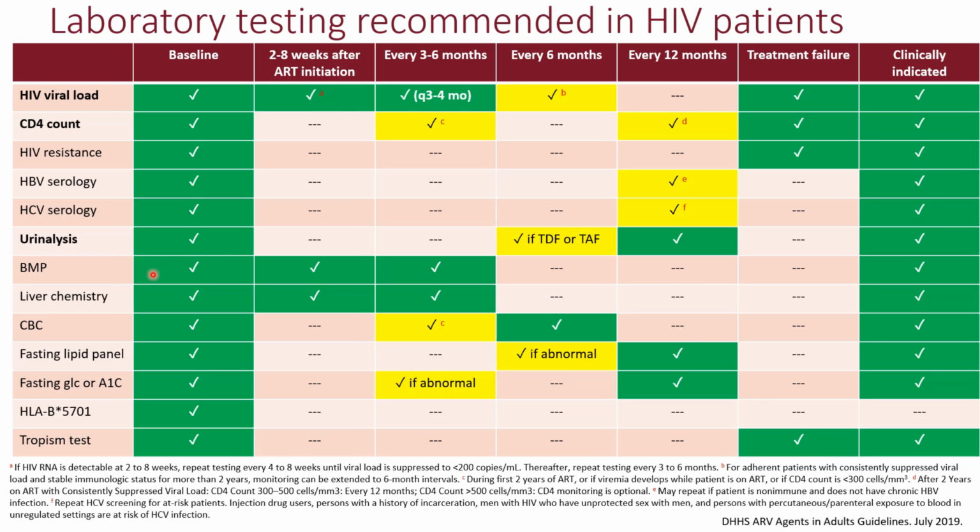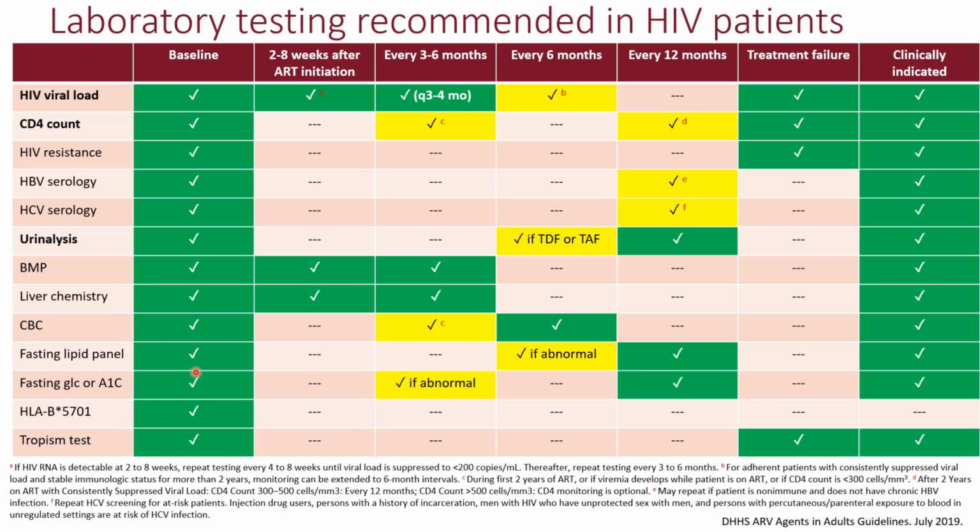And then for more comprehensive monitoring, a basic metabolic panel as well as liver chemistries and a complete blood cell count are needed at baseline. And because HIV patients are at risk of cardiovascular disease, it's important to get a baseline fasting lipid panel and a fasting glucose or A1C so that if these are abnormal, they get the appropriate treatment.